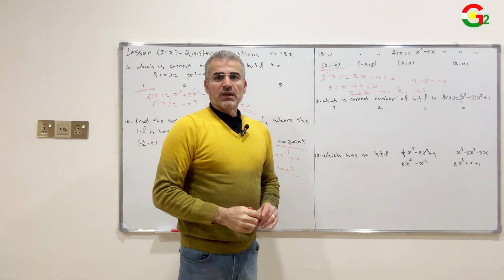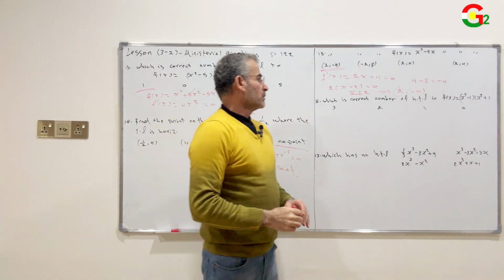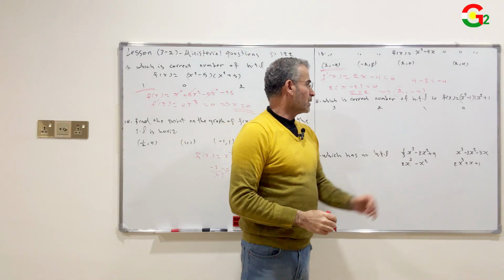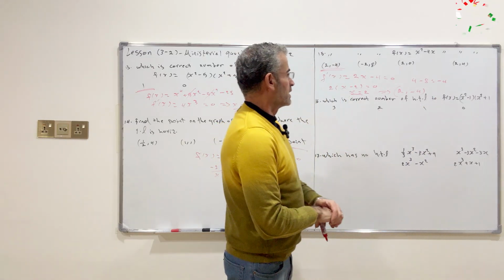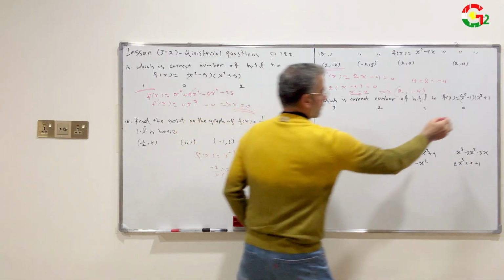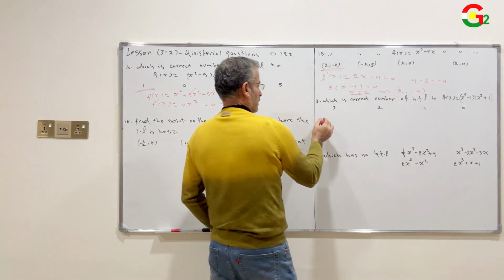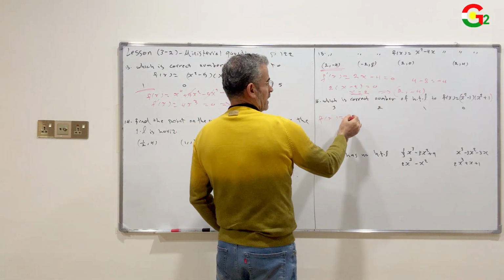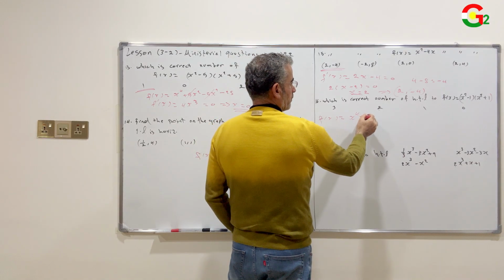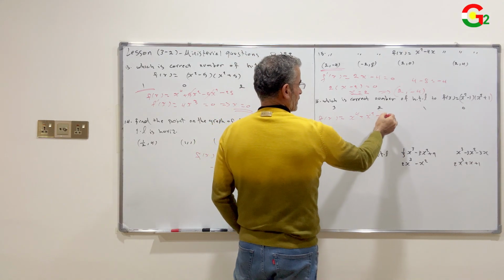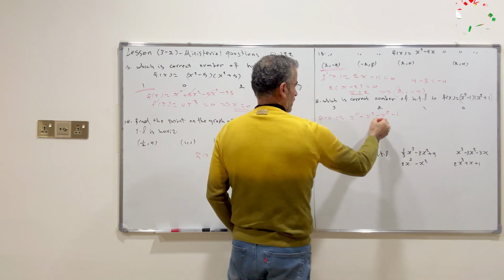Question number 16. Which is the correct number of horizontal tangent lines to the graph of the function f of x equal (x power 2 minus 1) times (x power 2 plus 1)? Rewrite this function as x power 4 plus x power 2 minus x power 2 minus 1.